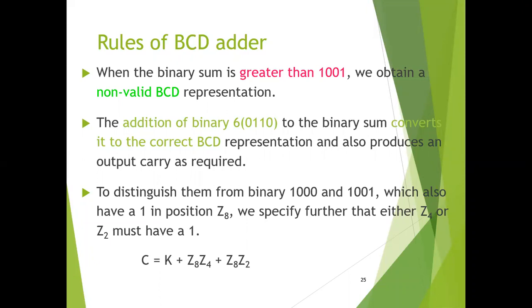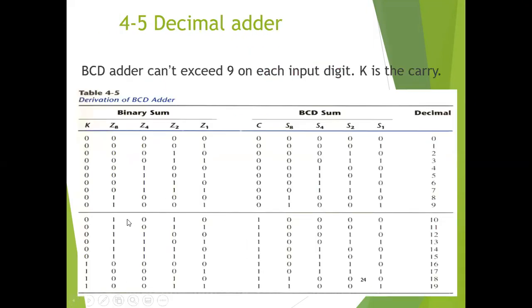When we have to generate a carry, we can see in this table that Z8 is equal to 1, but the valid BCD representations of 8 and 9 also have Z8 equal to 1.